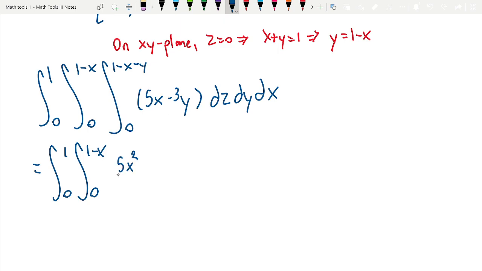So 5x squared over 2 minus 3y squared over 2. Sorry, I don't know why I just did that. We've got to integrate with respect to z, not two different variables there. 5xz minus 3yz from z equals 0 to z equals 1 minus x dy dx.